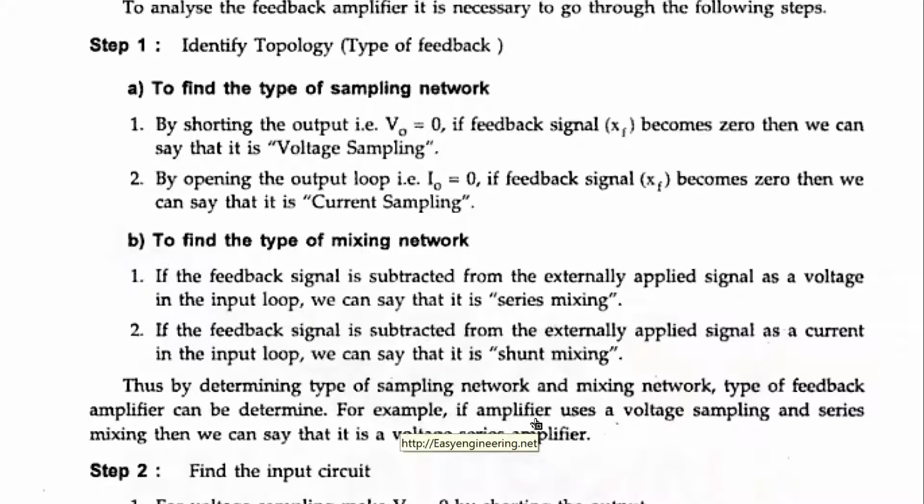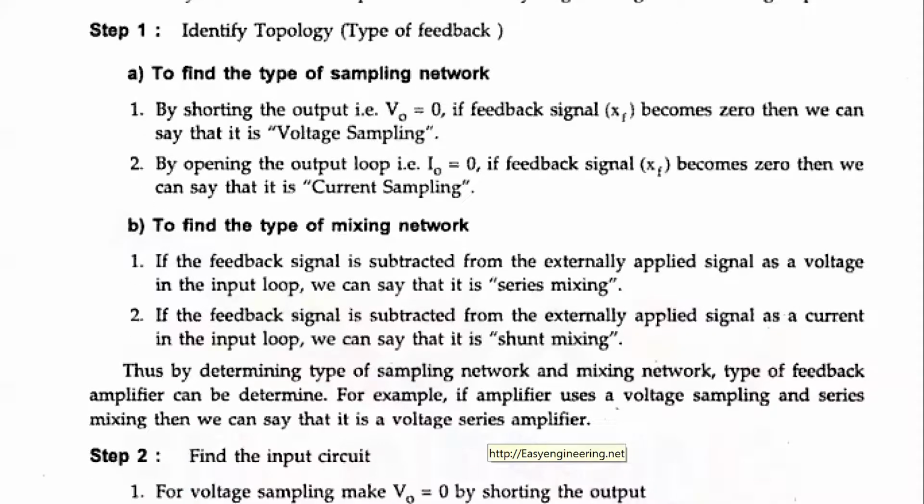For example, if the amplifier uses voltage sampling and series mixing, then we say that it is a voltage series feedback amplifier. So first identify this at the output circuit, then identify this at the input circuit. Then based on that, you will name what the amplifier is.